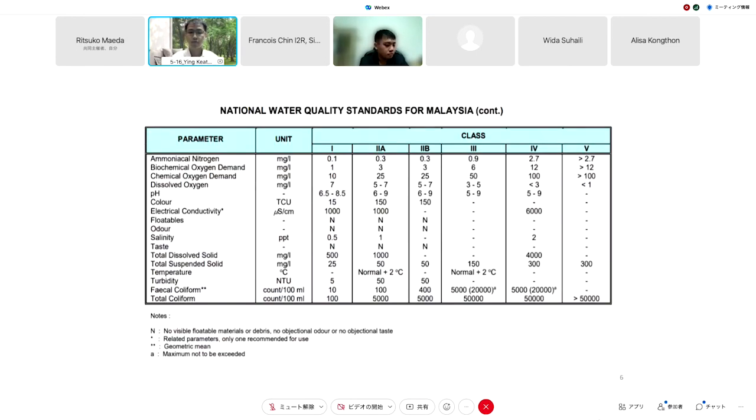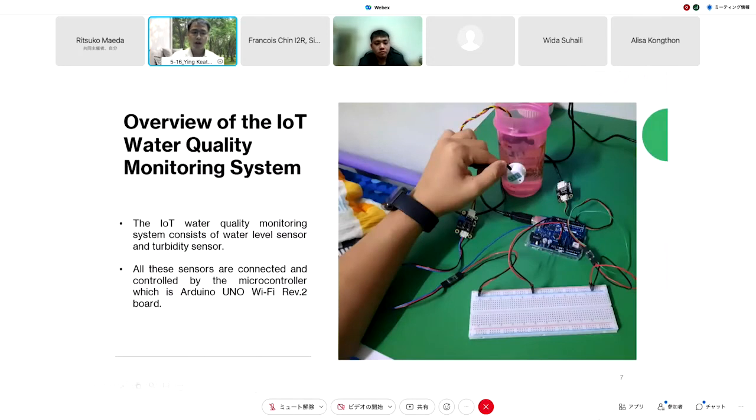Right now I will give a brief overview of my IoT water quality monitoring system. My system consists of water level sensors and turbidity sensors. We originally planned to integrate more sensors like pH sensors, conductivity sensors and total dissolved solids, or TDS, sensors.